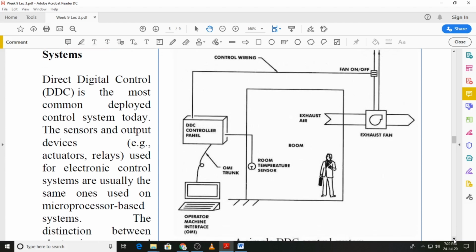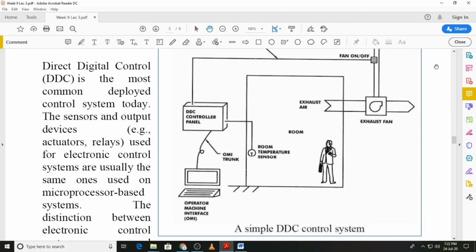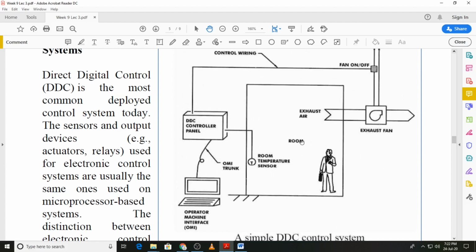And we again have a block diagram over here of a DDC control system. You have the conditioned space, you will have various sensors, they will be sending signals to the controller or the controller panel. You will have a user or operator and machine interface as well, in the form of a display and a keypad alongside.